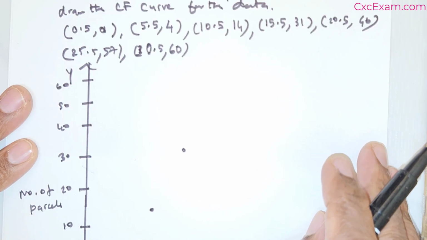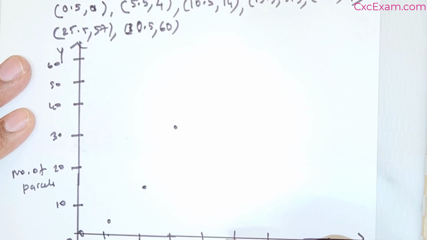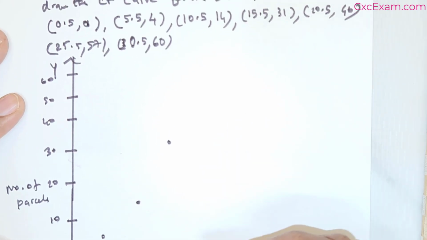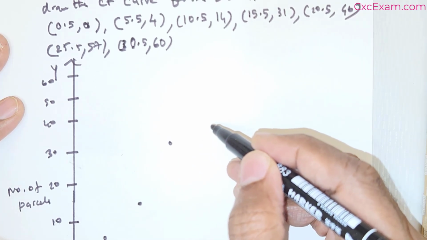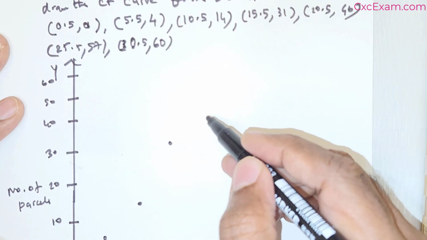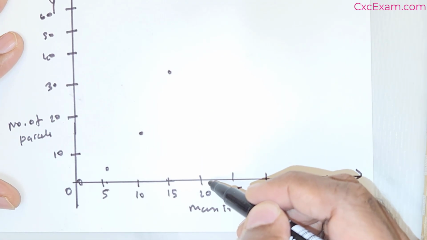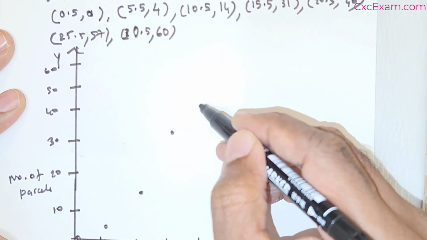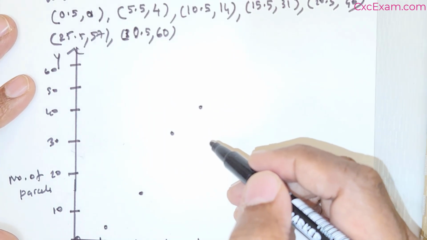And then 20.5, you got 40. 20.5 comes somewhere over here, and then 40 is over here.